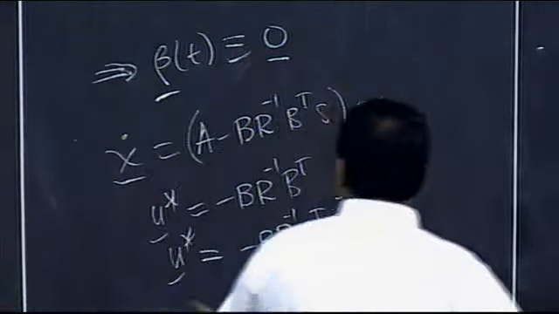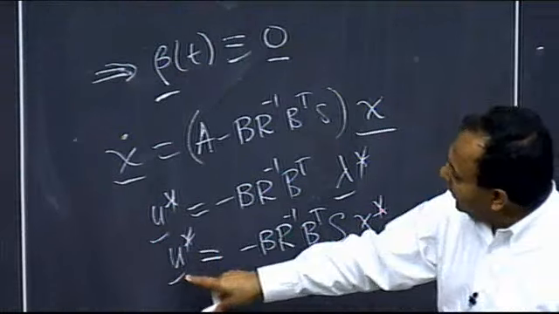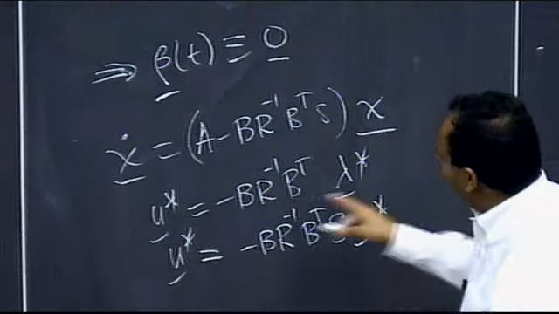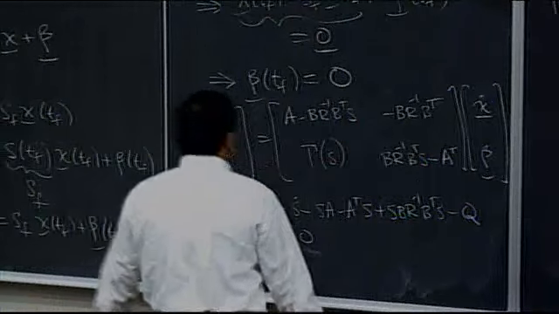It says that at each point along the trajectory, the optimal control is chosen to be this, where S is the solution to this differential equation that comes out of setting gamma of S to 0.